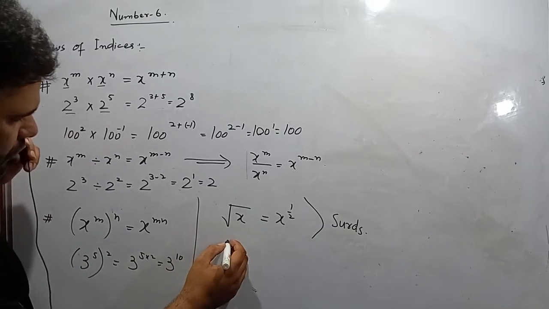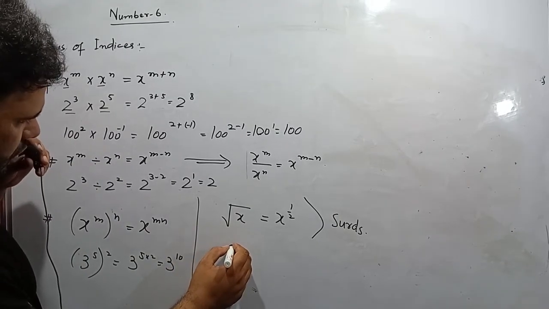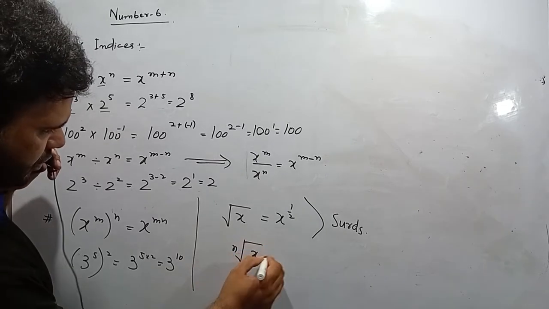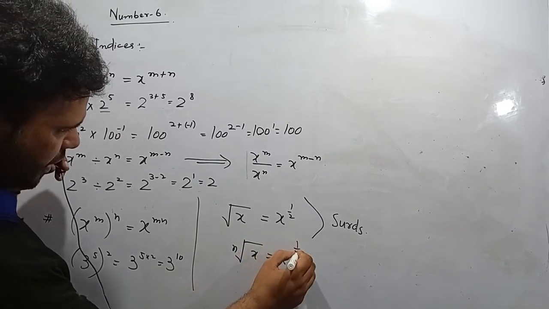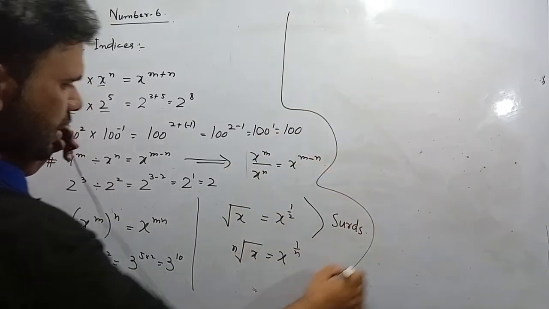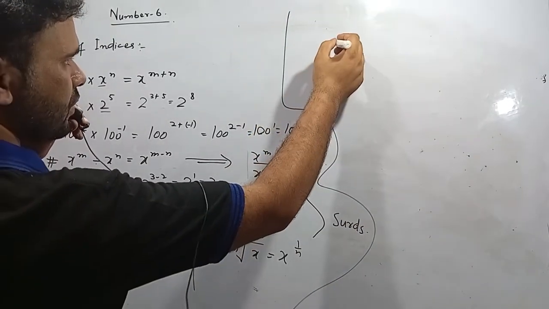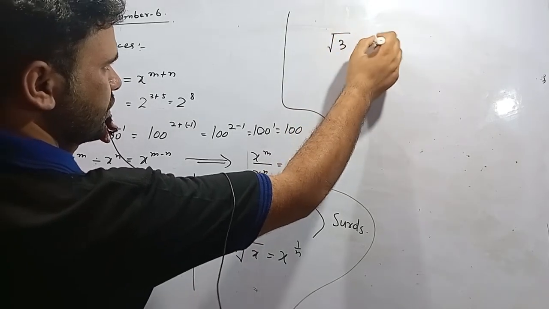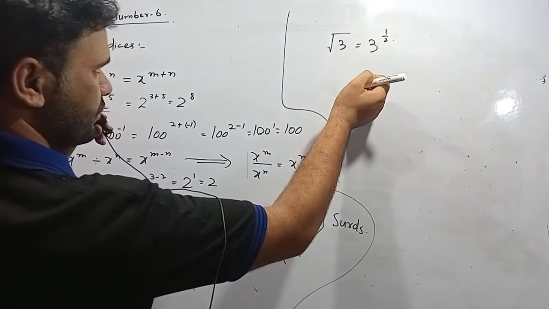If I have nth root of x, so I can write x to the power 1 by n. What does that mean? For example, if I have square root of 3, it is 3 to the power 1 by 2.